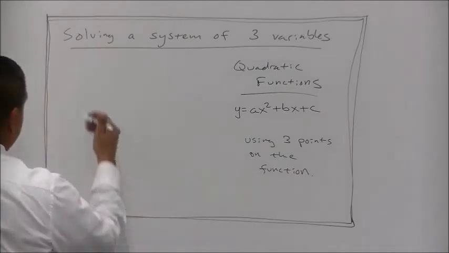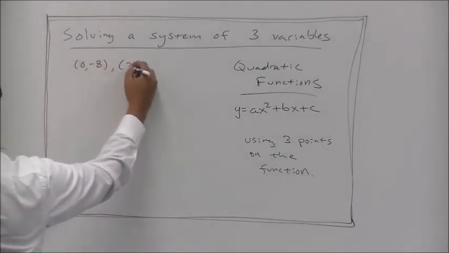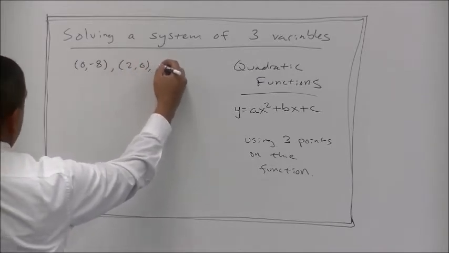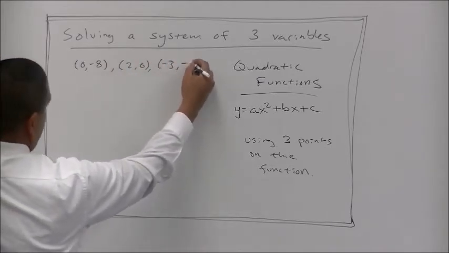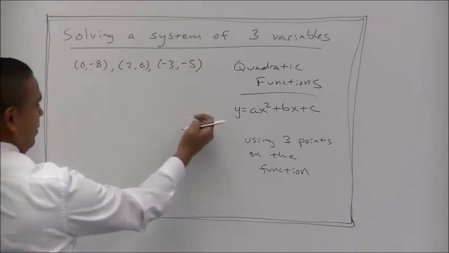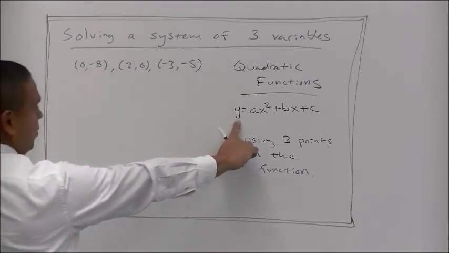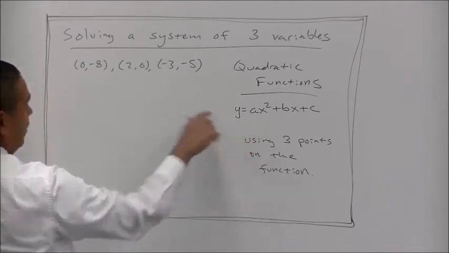So suppose we had these 3 points: (0, negative 8), (2, 0), and (negative 3, negative 5). And we're going to just use this equation over and over. Taking the first point, replacing y, what's the y value?